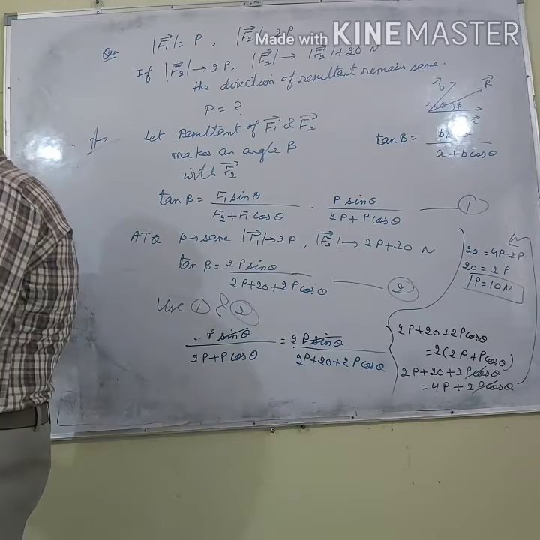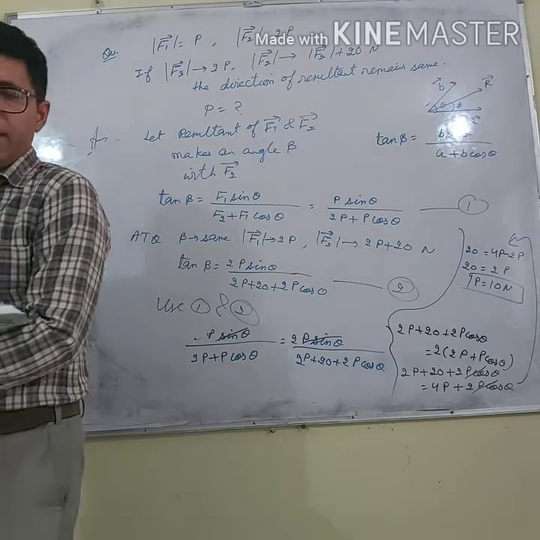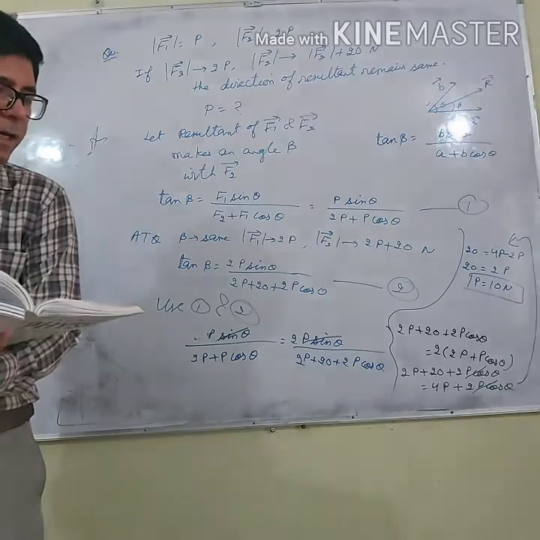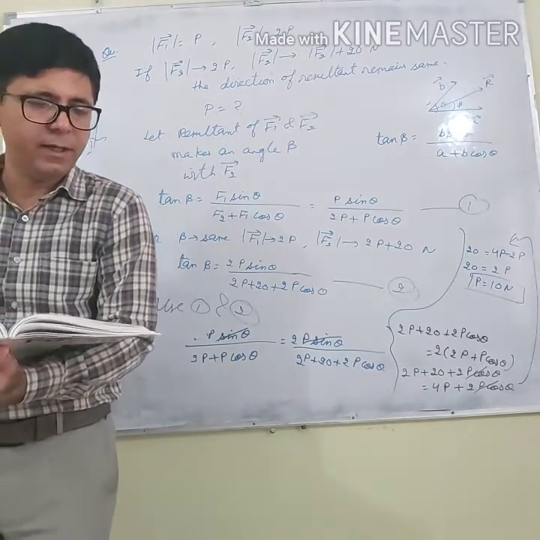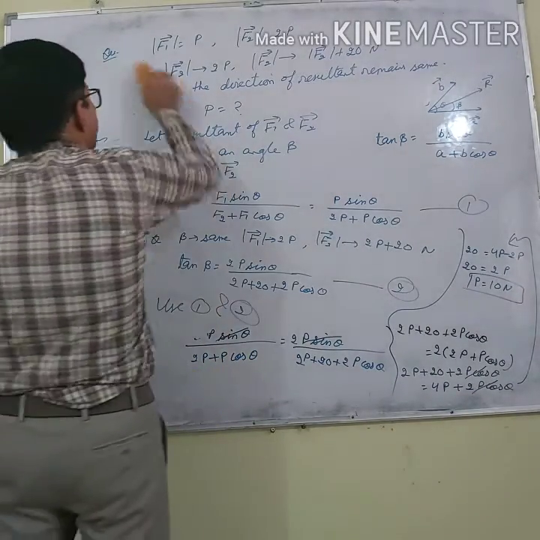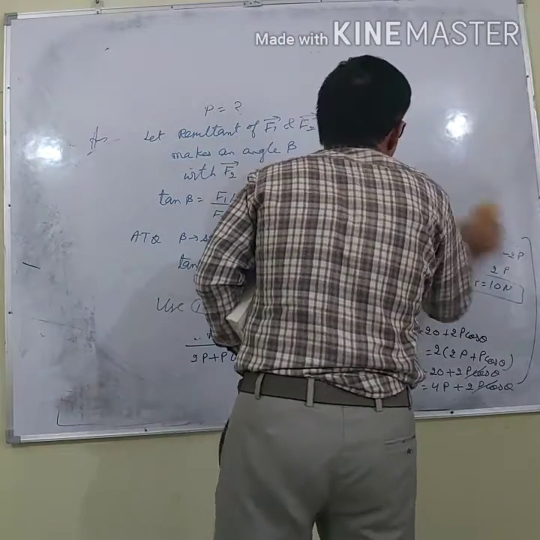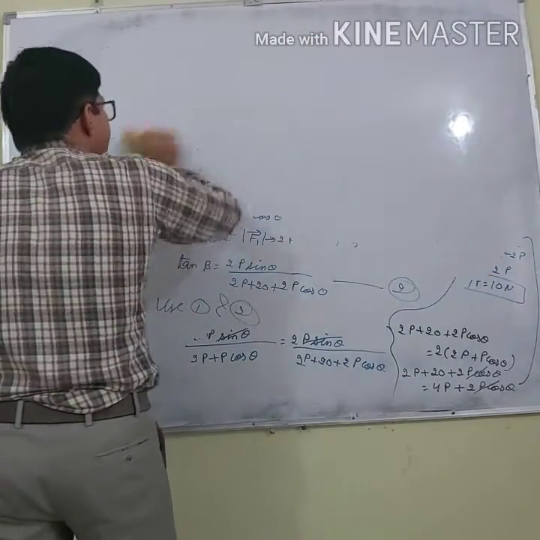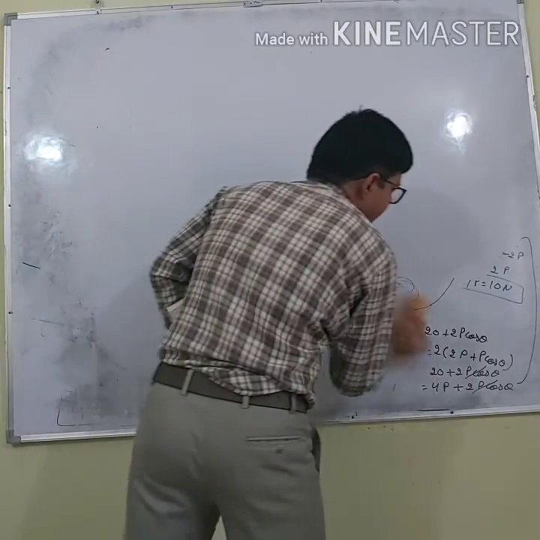What is the question? Given that the greatest and least resultant of two forces acting at a point are 29 Newton and 5 Newton. So what am I given? I am given the greatest and least resultant of two forces.